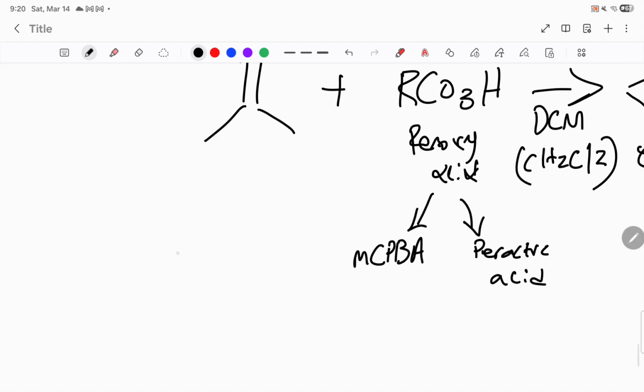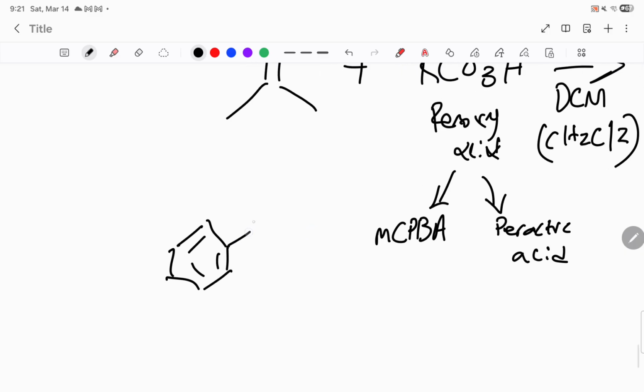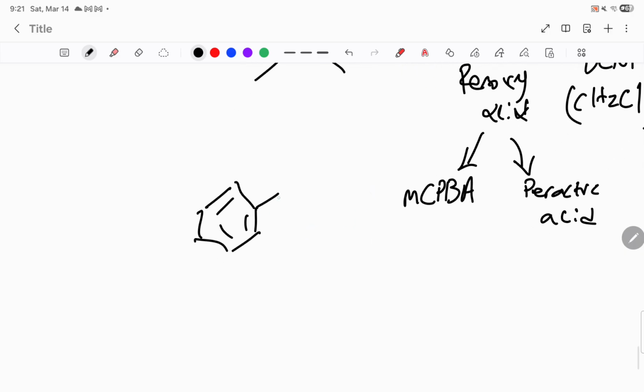So the structure looks something like this. Benzoic, you know that there's a benzene there. Meta referring to substituents. So there's two substituents on the ring. Metachloro refers to the fact that the chloro group is meta to the peroxybenzoic group.